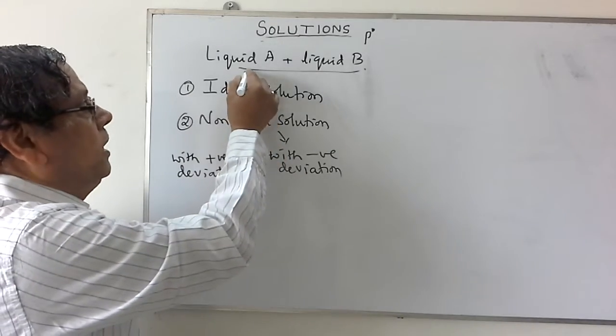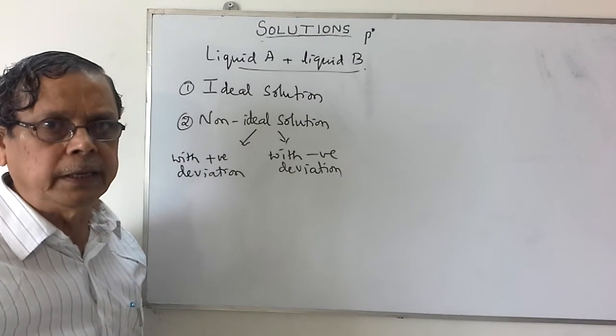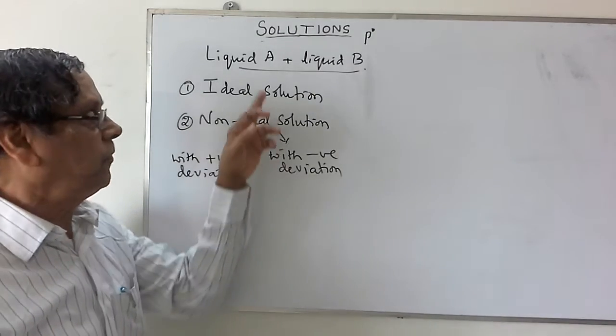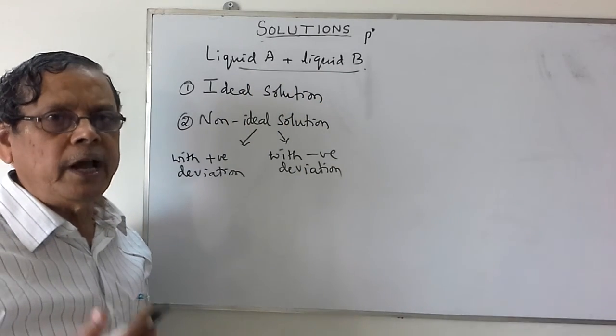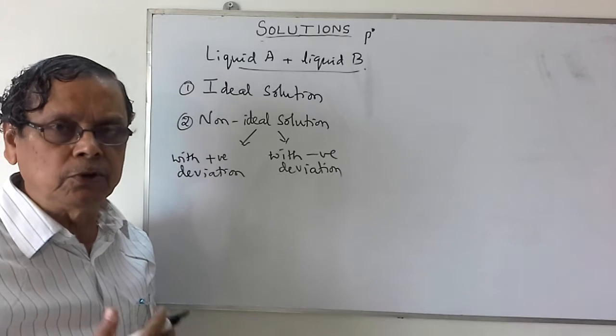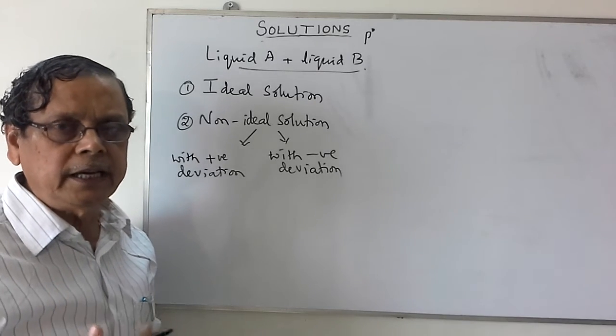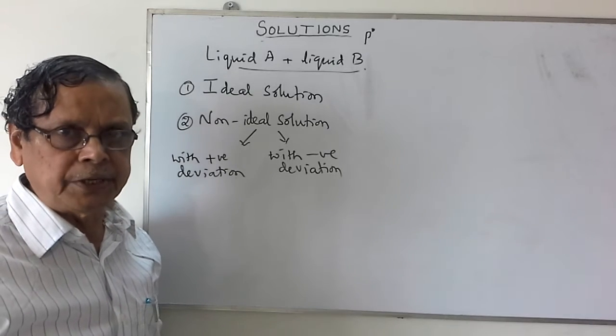When we consider a liquid in another liquid, a solution of liquid A with liquid B, since both will contribute to the total vapor pressure, then we have to consider the vapor pressure of the individual liquid above the solution. That is called the partial pressure.